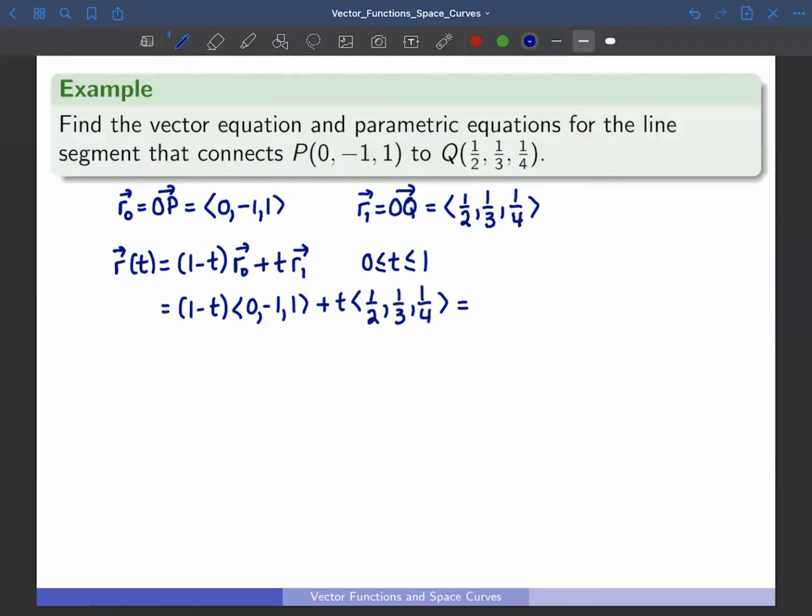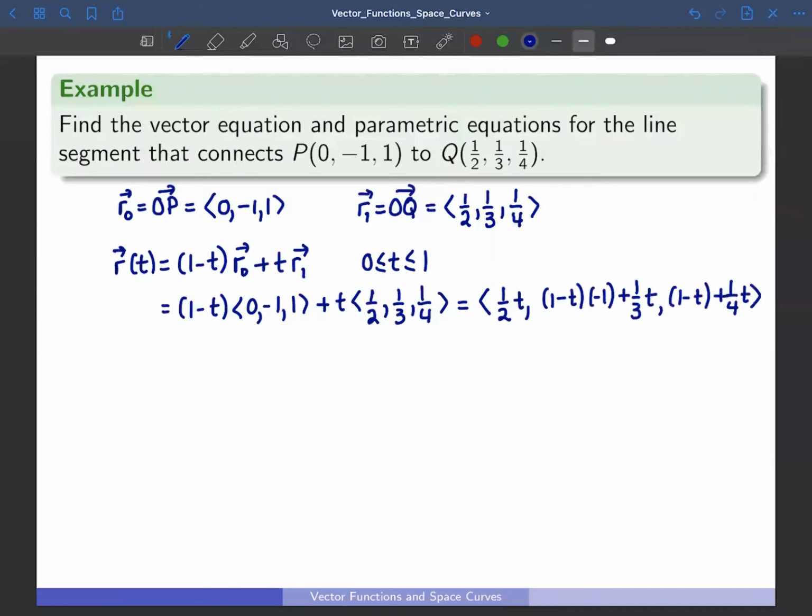If we now combine the x, y, and z components, we have 1 minus t times 0 plus 1/2 t for the x component, then 1 minus t times -1 plus 1/3 t for the y component, and for the z component, we have 1 minus t plus 1/4 times t.